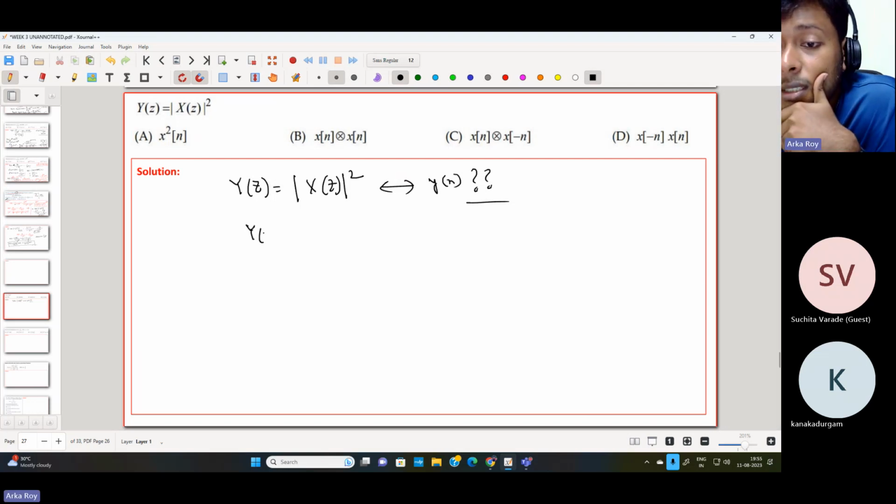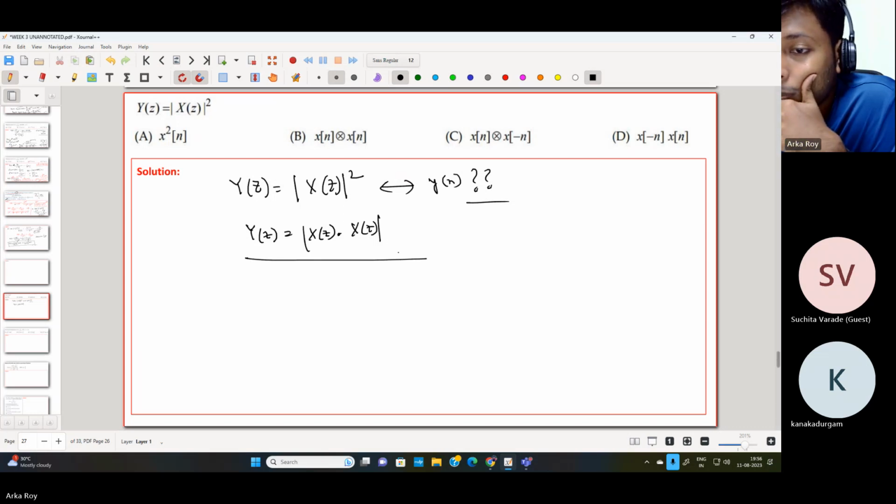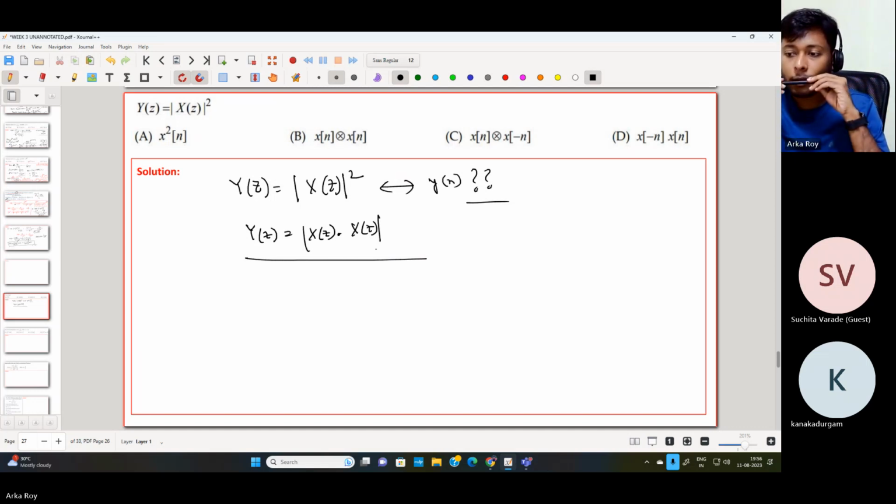So you can just think of it like this. Anyone, which one of these options seems to be correct.